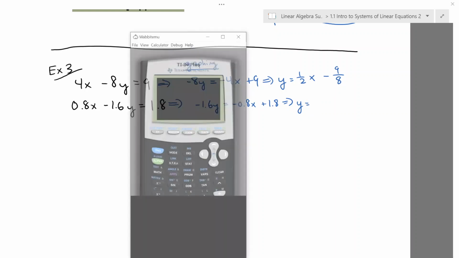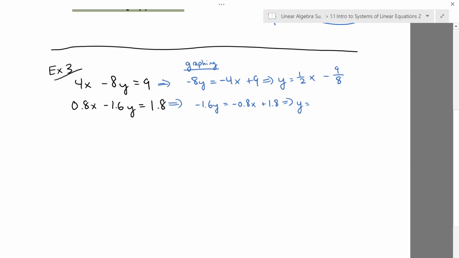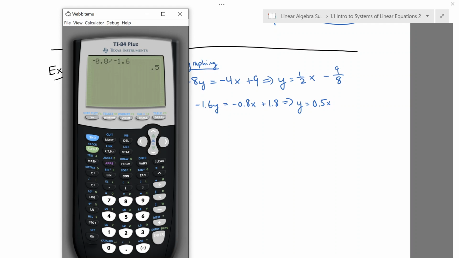These are decimal numbers, so it's a little bit harder to do in my head. So let's just calculate that. So negative 0.8 divided by negative 1.6. So that gives you 1/2 or 0.5. And what is the other term? It's 1.8 divided by negative 1.6.